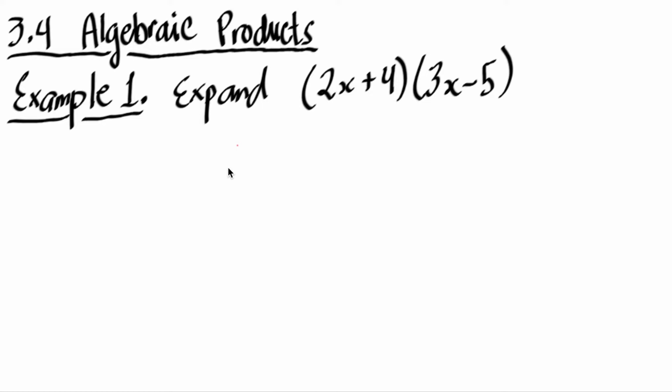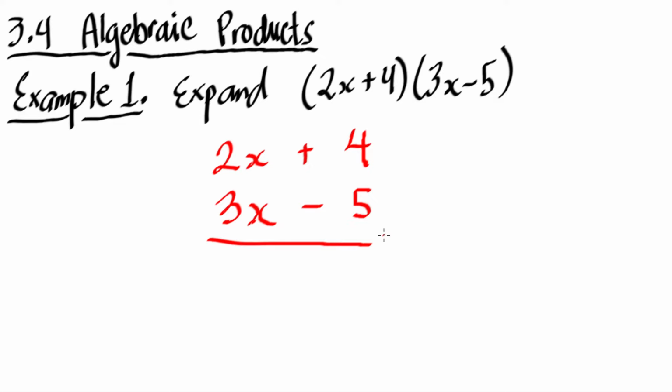Again, 2x plus 4 times the quantity of 3x minus 5. Okay, so let's have this.